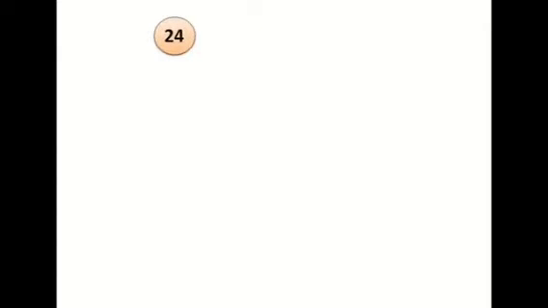Here I have written one number, 24. Please write it down in your notebook. You can circle the number using your pencil. Next, split the number 24 into two numbers. How? You have to find a pair of factors of 24.